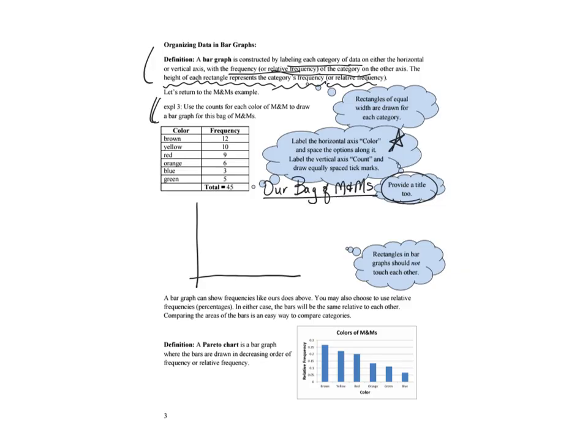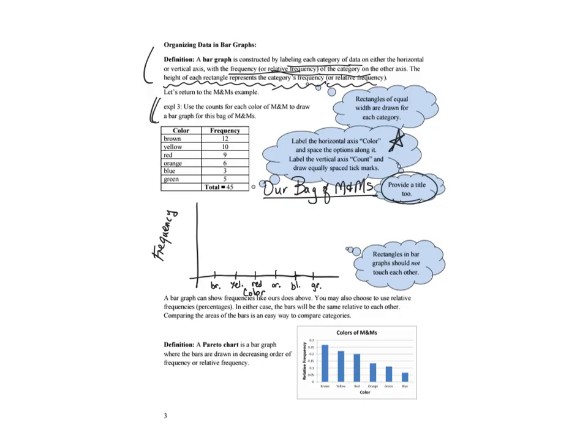So, okay, we'll put color down here and then just some equally spaced tick marks here to represent the colors, and just abbreviating however I see fit. That's good. And then we'll write frequency or count if you want up there.